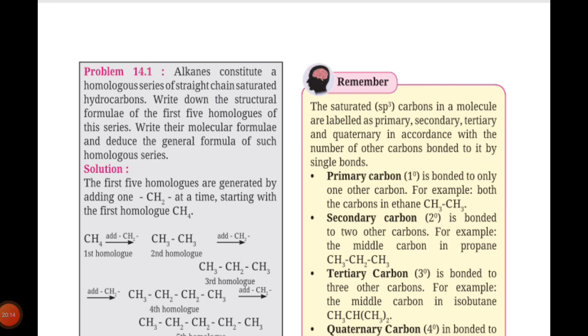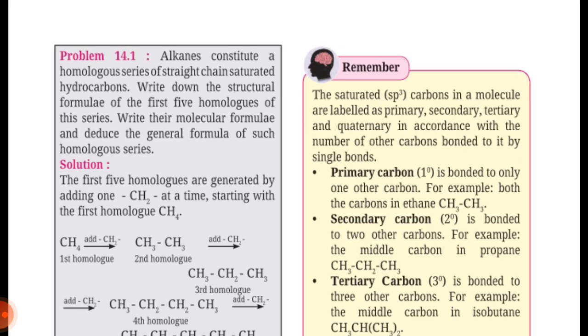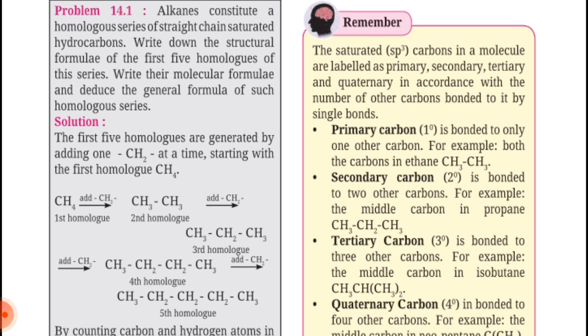Problem 14.1. Alkanes constitute a homologous series of straight chain saturated hydrocarbons. Write down the structural formula of the first five homologues of this series. Write their molecular formula and deduce the general formula of such a homologous series. Solution. The first five homologues are generated by adding one CH2 at a time, starting with the first homologue CH4. Add CH2: CH3-CH3, second homologue.